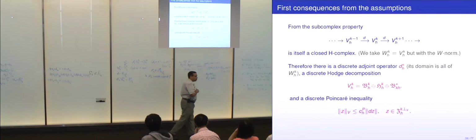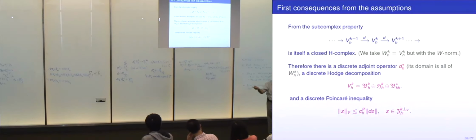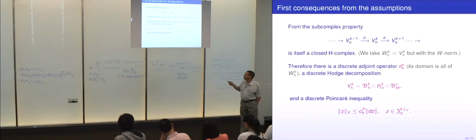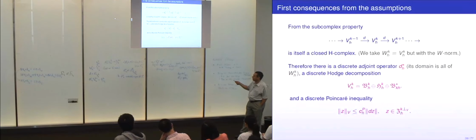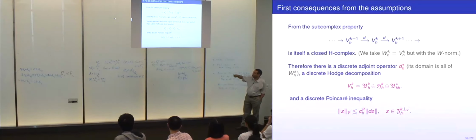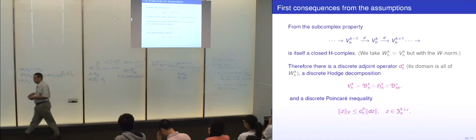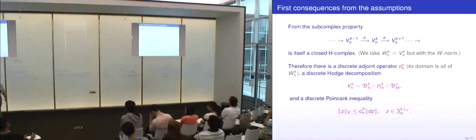Now this is the only one that's quantitative, and we're going to want to have control over that constant because that constant determines the well-posedness of the problem and the stability. So we're going to want to prove somehow that this is independent of h. But at the moment that's not implied here because we're just using the fact that for each h we have a Hilbert complex. So a key thing will be bounding that Poincaré constant.